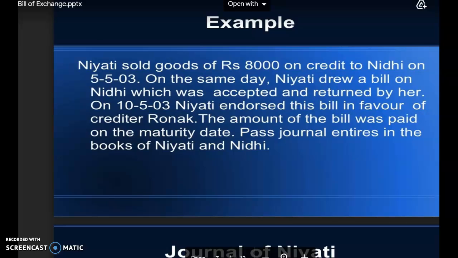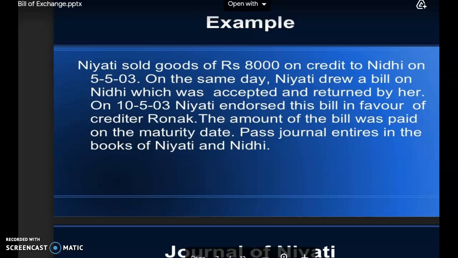Now if we further proceed through the statement, we come across: Neti endorsed this bill in favor of creditor Ronak. Now I told you that there is one very important case with reference to bills of exchange, that is the endorsement. Endorsement here means the transfer of a bill in favor of any third party.